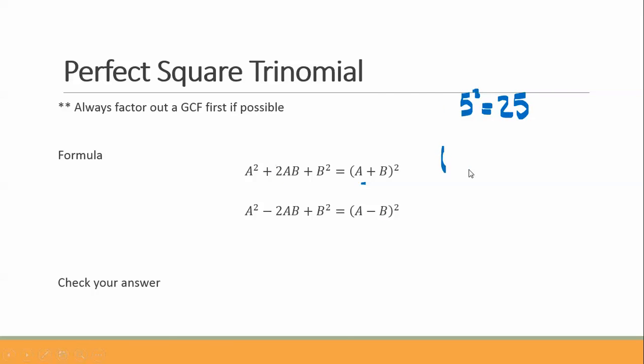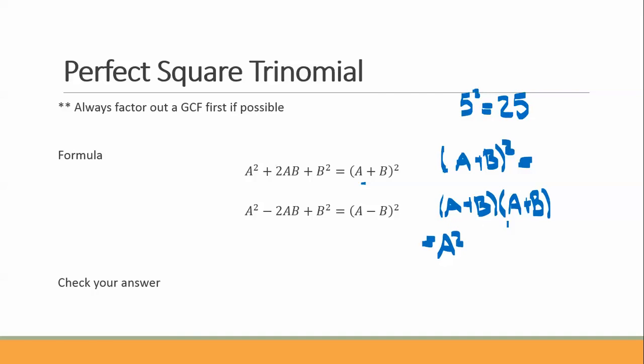Remember, when we do a plus b squared, that's actually equal to a plus b times a plus b. So when we multiply that out, that's a squared, a times a, plus a times b, which would be ab, plus b times a, which is again ab, plus b times b, which is b squared.